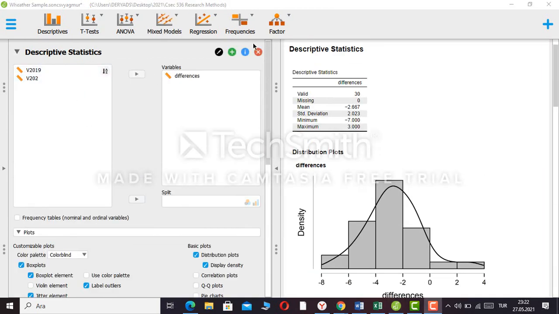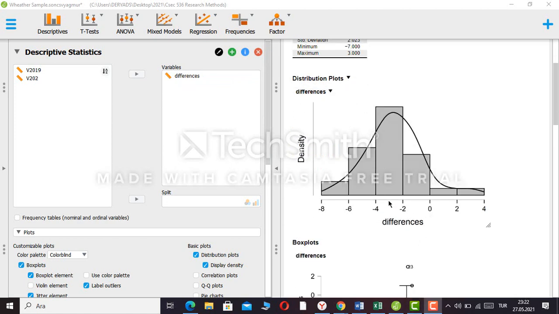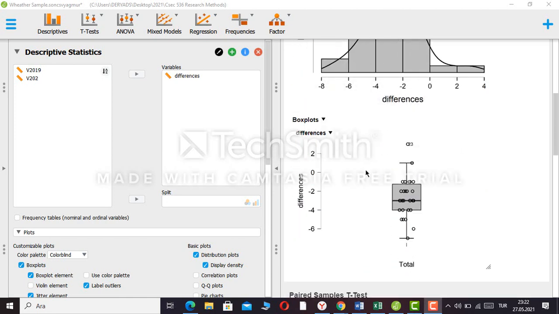As you can see in here, I used the difference variable to draw this plot, and I found that my curve is almost symmetrical, and I found that I have 1 outlier in this test.